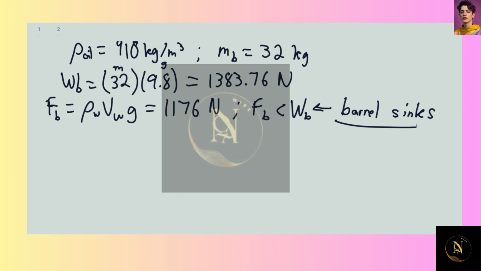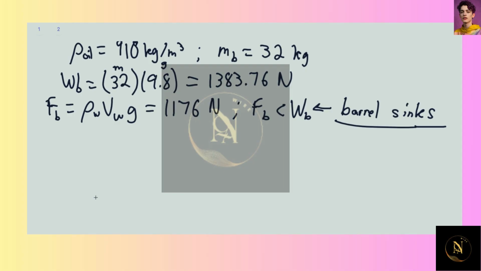And because of this, if we connected a rope to the barrel on the top, and it starts to sink, and we want to pull this barrel up from out of the water, what is the minimum tension in the rope such that the barrel will go up?